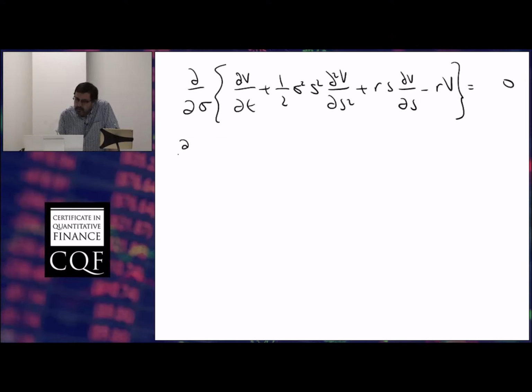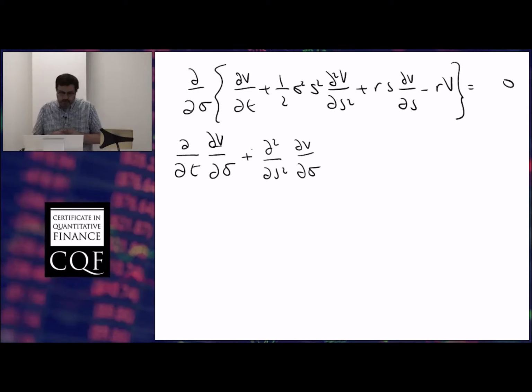So I'm going to then write this as d by dt of dV by d sigma, like that. Right, that's how I'm changing it around. Plus, we've got d by d sigma, so let's write down d squared by dS squared of dV by d sigma. Don't forget I need to squeeze in the half sigma squared S squared, don't I?